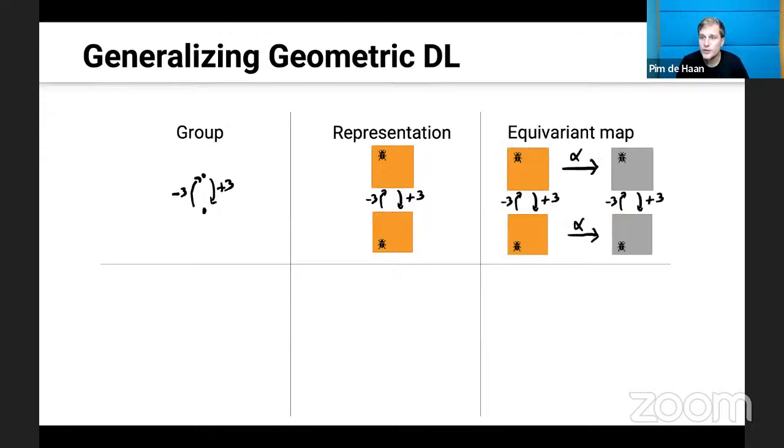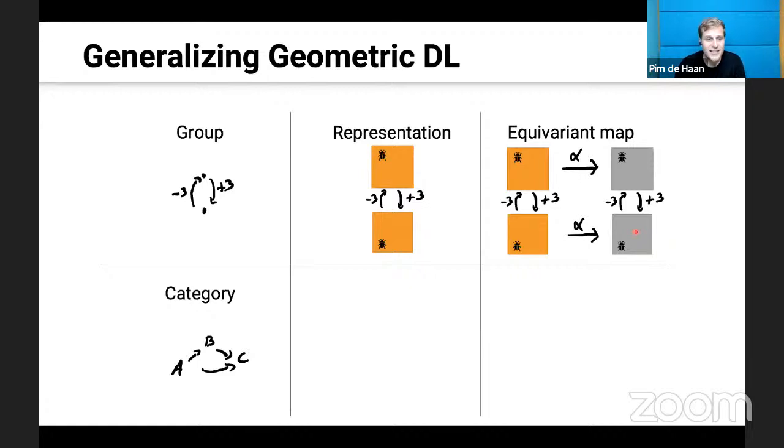And then one can try to build neural networks that are equivariant with respect to those, meaning that if you have an image and a neural network that processes this image, for example, turning it black and white, and then translating it, this should yield the same result as first translating it and then applying the neural network. And this is called equivariance.